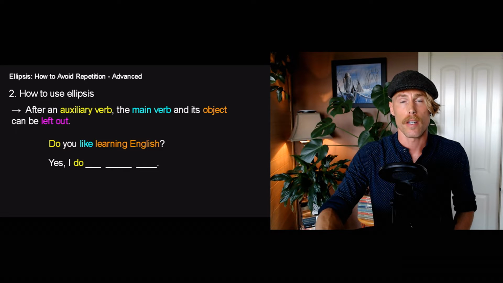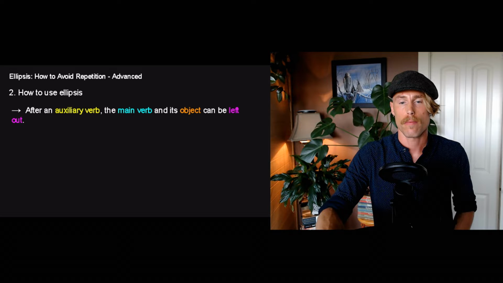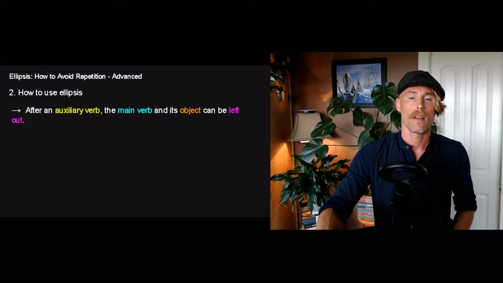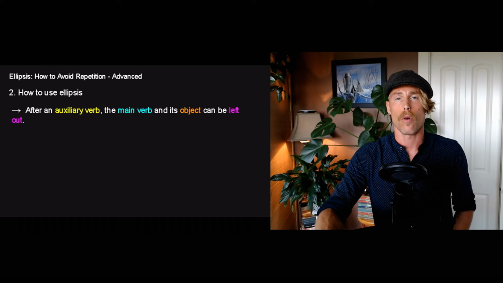So the blue and the orange are left out. We can see our ellipsis, the omission of unnecessary or redundant words. Yes, I do. It's correct. Okay, let's look at some more complicated examples because that one's pretty easy.